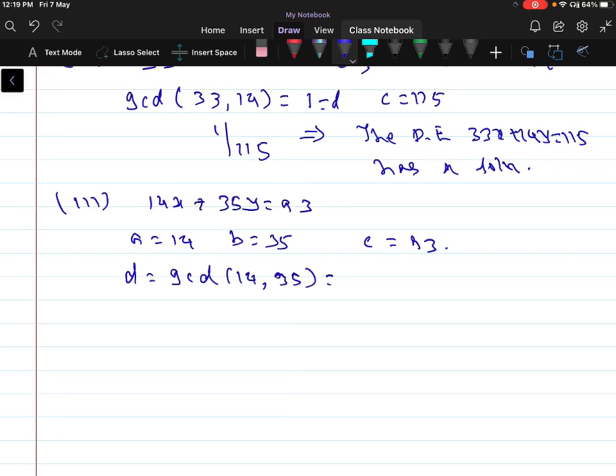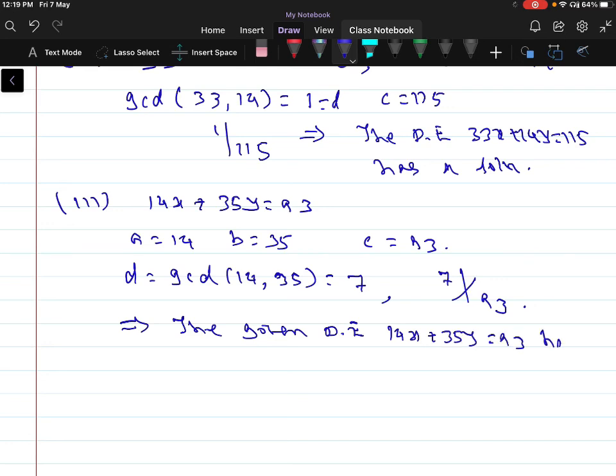So that is 7. But 7 does not divide 93. So this implies the given Diophantine equation 14x plus 35y is equal to 93 has no solution.